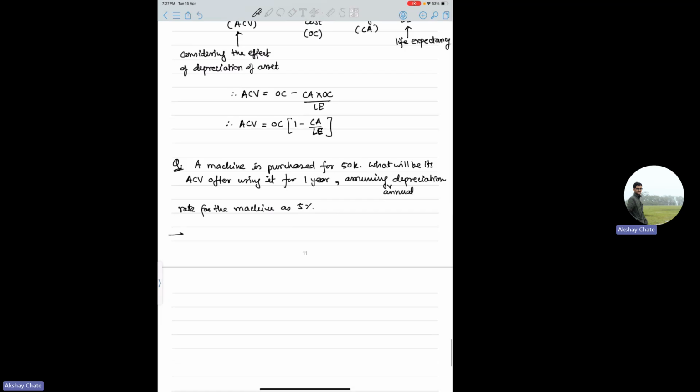So in this question, what have they given? They have given you the original purchase cost as 50k, and the current age, which is 1 year. But what they have not given you is the life expectancy.